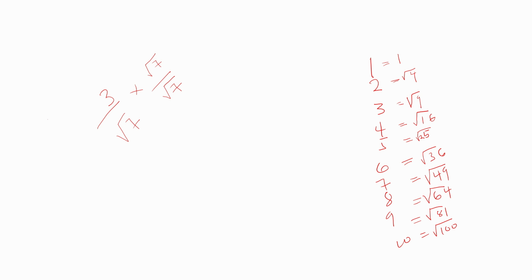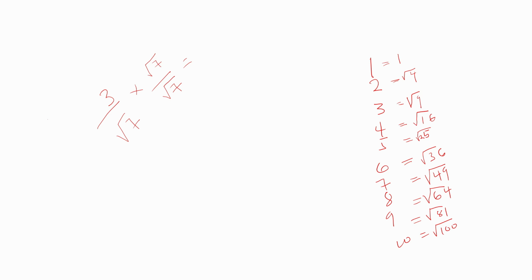Okay, so we're going to multiply both the numerators and the denominators. Because it's multiplication, we can multiply, right? If it's addition or subtraction, then we have to make sure that all the square roots are equal. But because this is multiplication, we will just multiply.